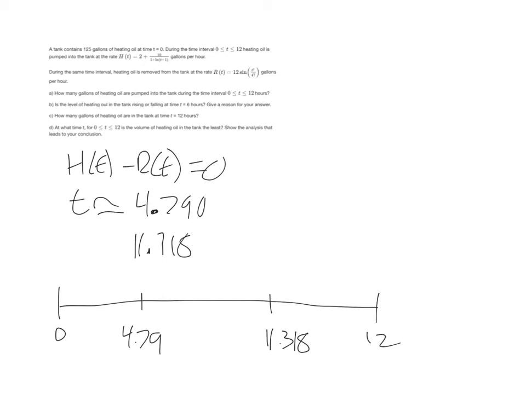And I can see that if I look at the graph, h of t minus r of t is positive here, and then it's negative here, and then it's positive again.